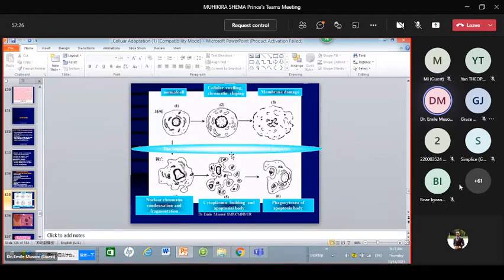For example, you see some images where you see membrane damage. This one is in necrosis, and this one is in apoptosis, where there are some phagocytic bodies. See here, there is nuclear chromatin condensation and fragmentation, but there is no destruction of the cell membrane.